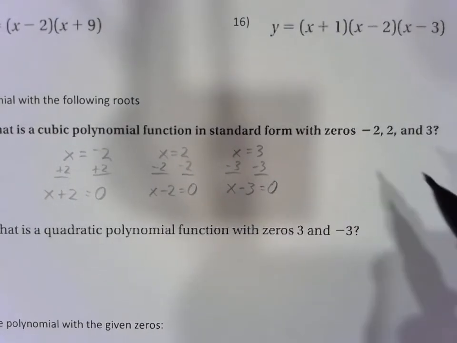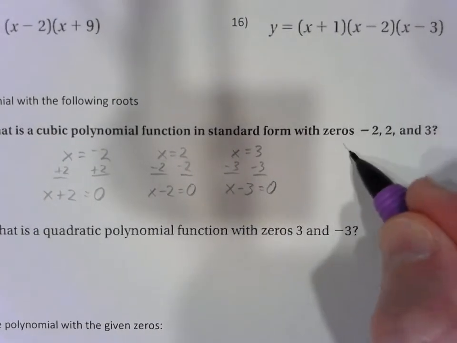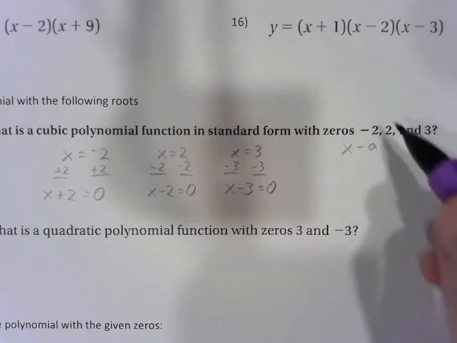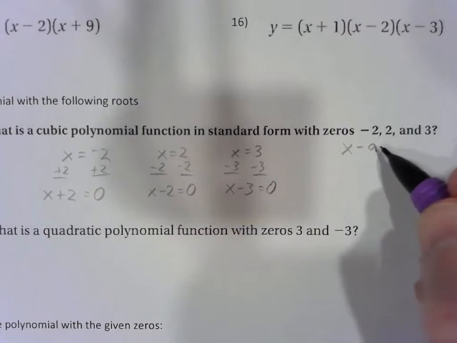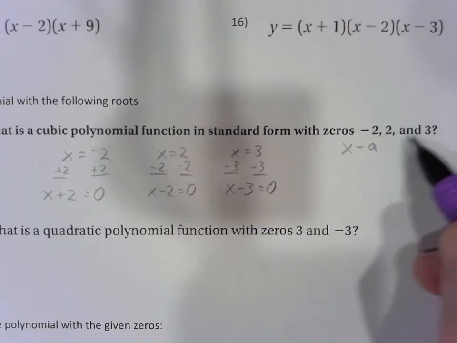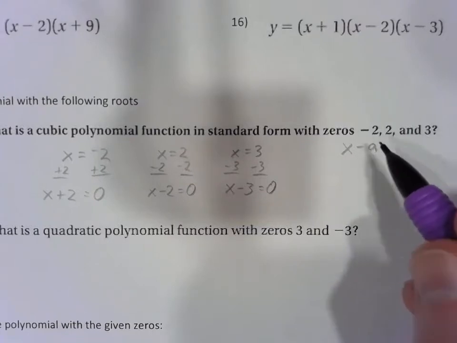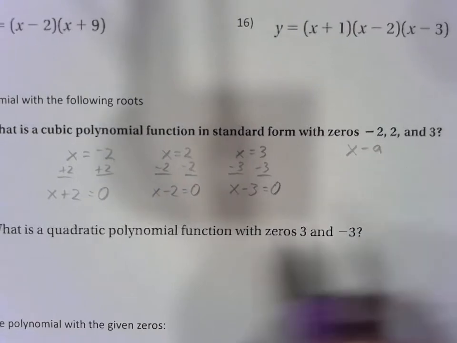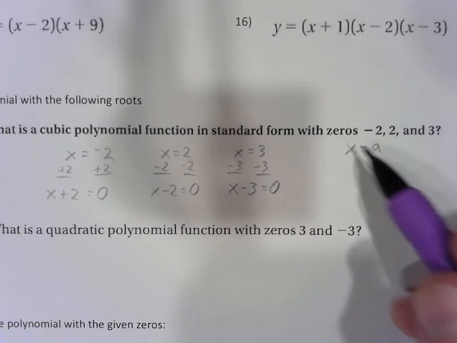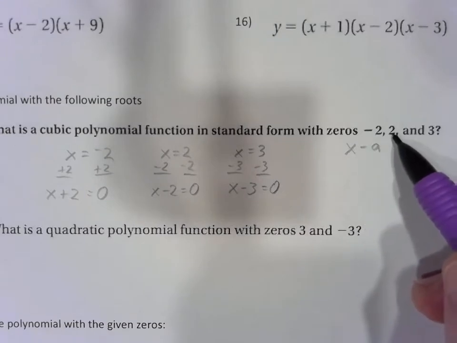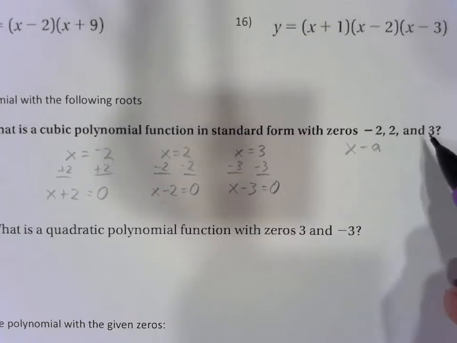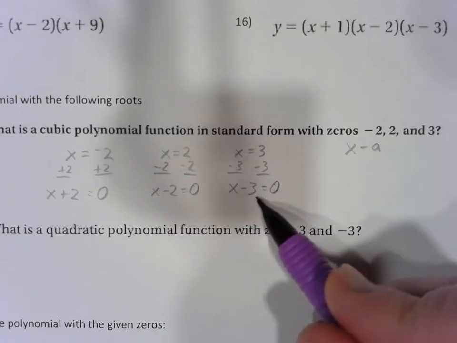So notice that we're just taking x minus whatever these sort of a values are. A is sometimes used for these numbers. And so our factors become x minus negative 2, which is x plus 2, x minus positive 2, there's our x minus 2, and x minus 3.